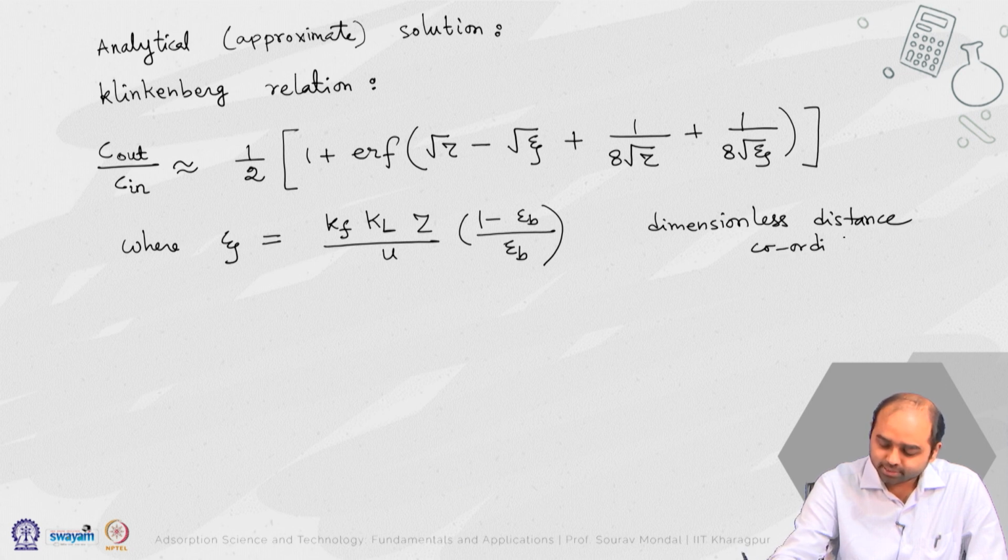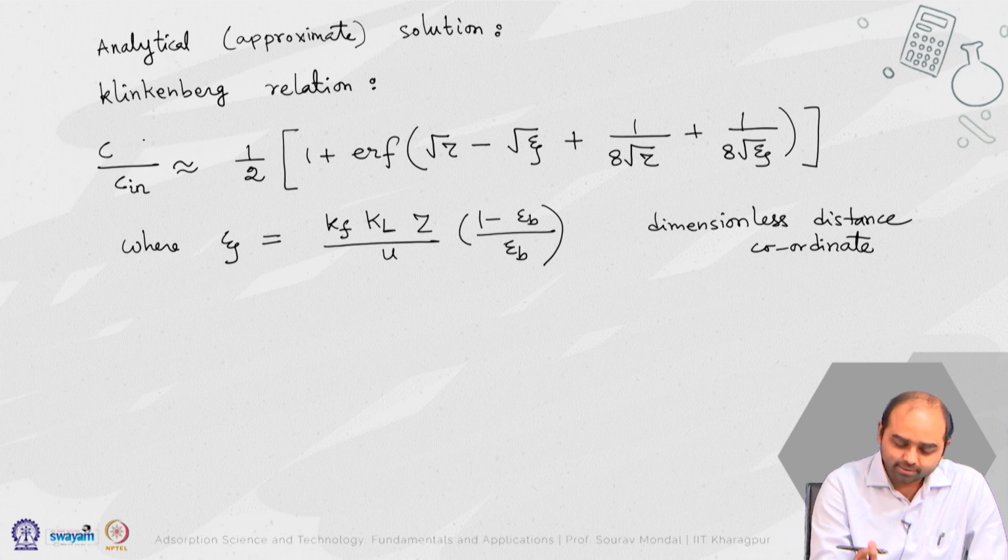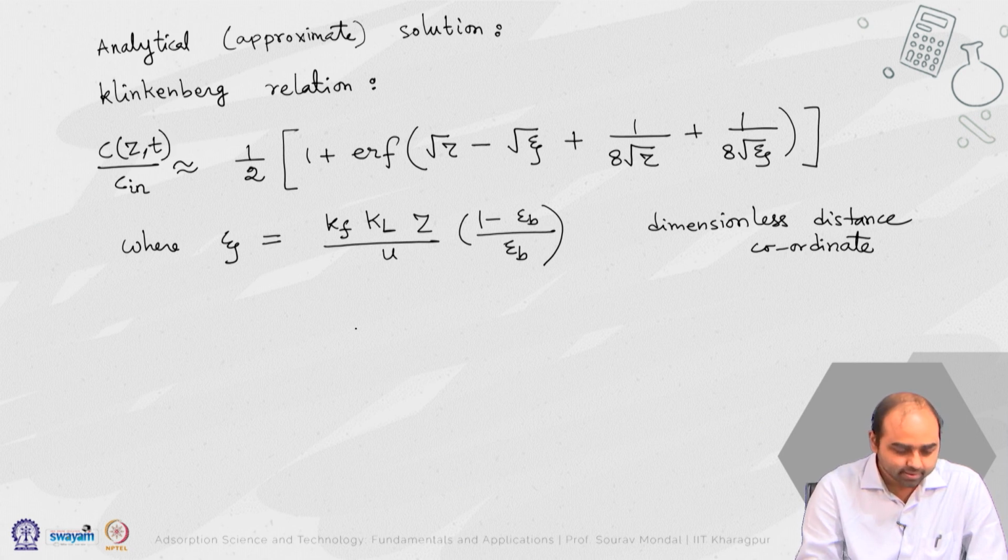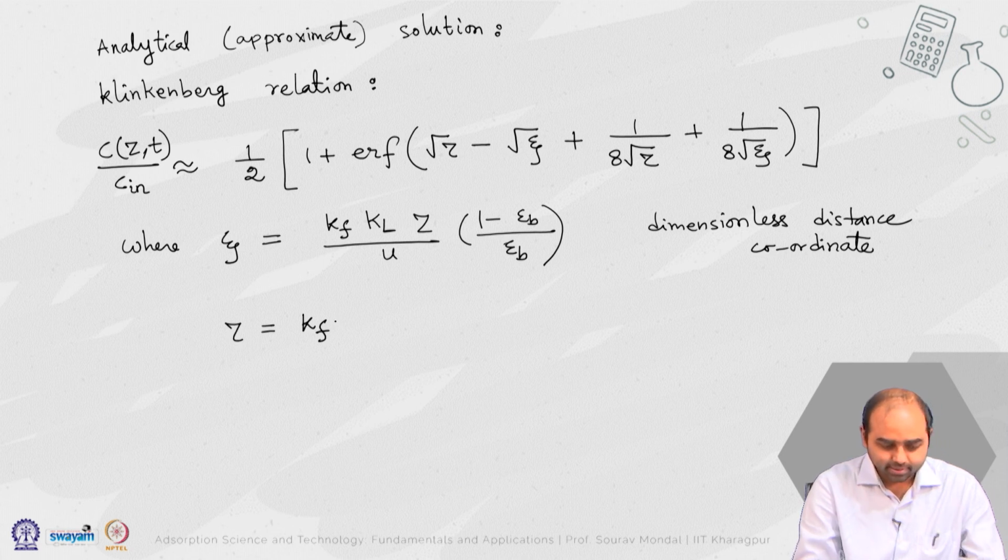So please note that C should not be called C out, but rather C is a function of Z and T, and the dimensionless time is represented by this.